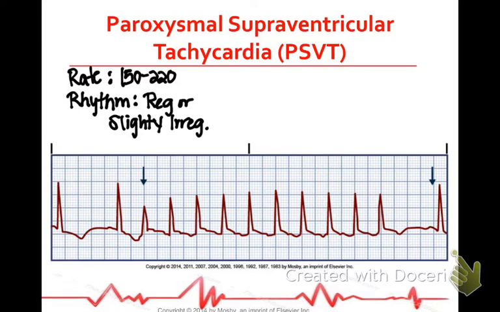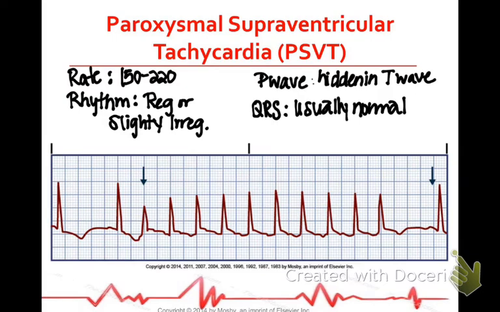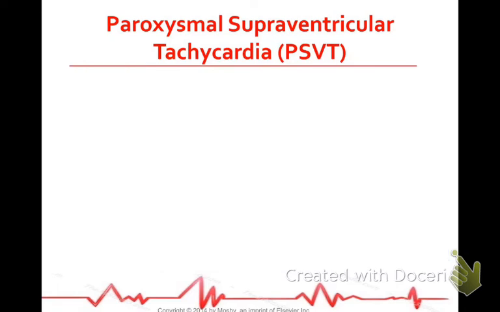Your rhythm's regular, sometimes slightly irregular. This one you can tell looks a little irregular. And your P wave is hidden in your T wave on this one. Sometimes you can think you see the P wave, but it's the T wave because it's going so fast. And your QRS is usually nice and skinny and normal. Okay?